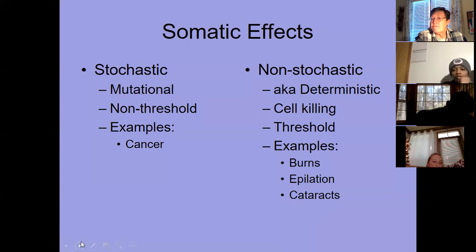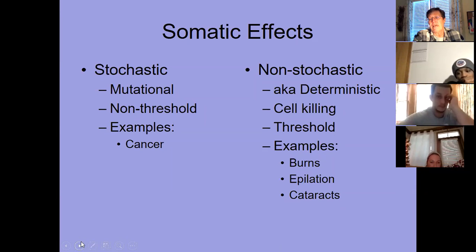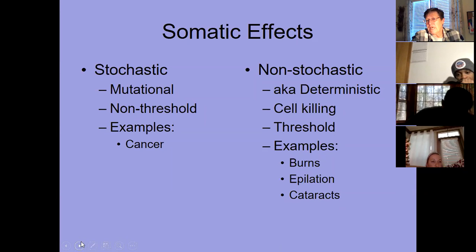So then we have non-stochastic effects, also called deterministic effects. And I think now they're leaning toward calling these just tissue effects. Now, these effects are based on cell killing. They do have a threshold. So if a person is exposed to a level of radiation below the threshold, they're not going to see the effect.